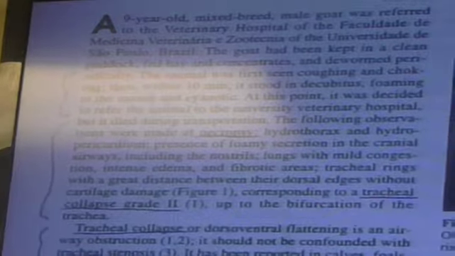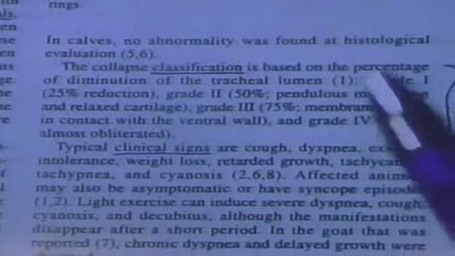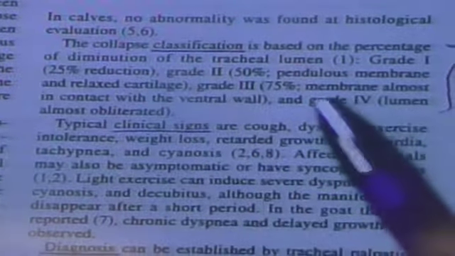And unfortunately, this goat did die before he got to the hospital, and then the rest of the findings were based on necropsy. And they were able to grade it, tracheal collapse grade 2. So the article talks about how you classify tracheal collapse. So they have grade 1, 2, 3, and 4.